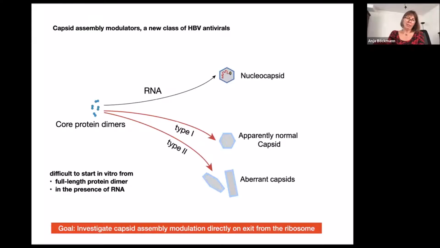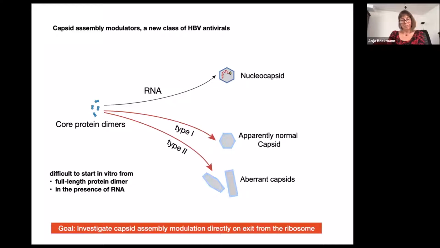So studying that is in one way easy, but in another way difficult. What is easy is to do that on truncated capsids, which do not pack RNA, which are modeled in the lab. But it's very difficult to study this assembly in vitro from full-length protein dimers, this is from protein which packages RNA, and also in the presence of RNA.